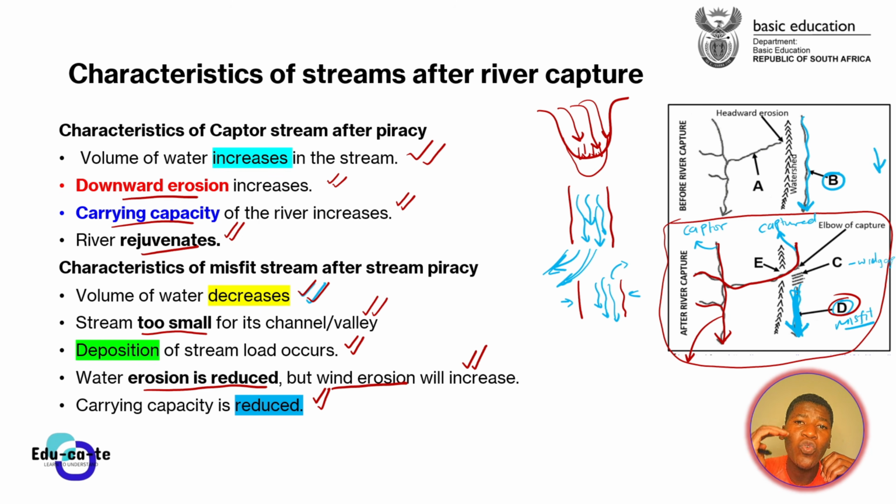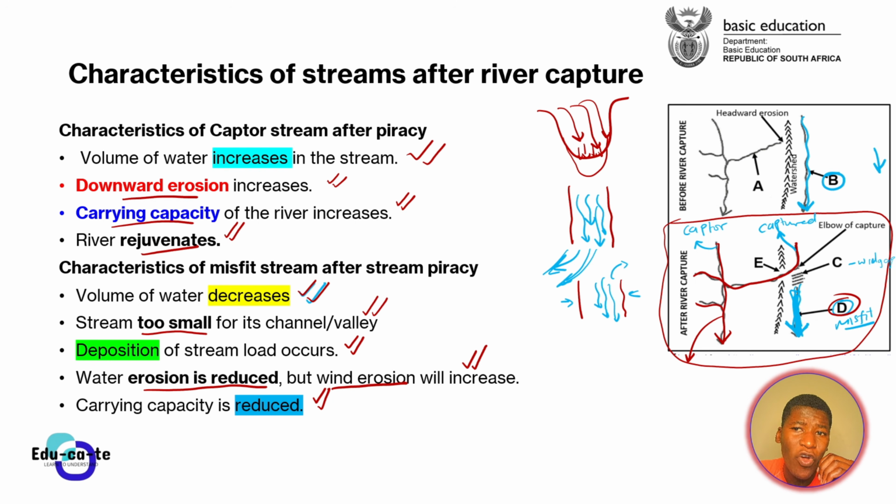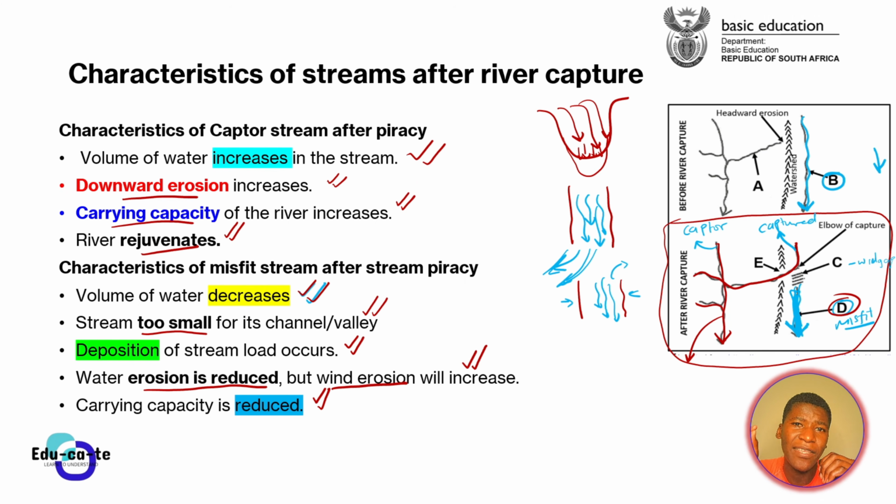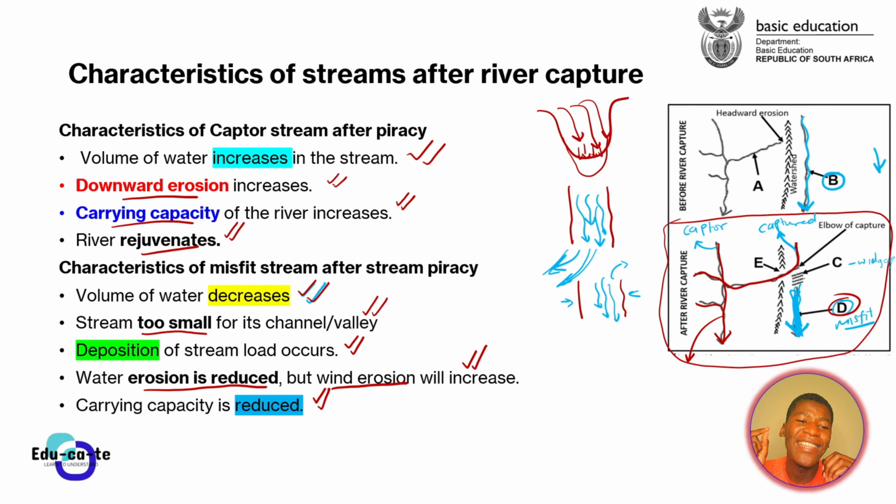But these two, you write them as independent points. You do not mix them and say that the carrying capacity is reduced and deposition, or say causing deposition of stream load. No, don't do that. In geography, you separate the points even if they are interlinked. Each point is 2 marks in those 8 marks paragraph questions. Here, you would say the carrying capacity is reduced.